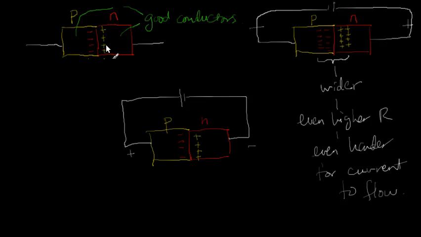So this part has no or very little conduction electrons before I connect the battery. But the moment I connect the battery, the negative charges will come in here and supply this place with negative charges. It will not only cancel the positive charges, it will supply this part now with electrons.